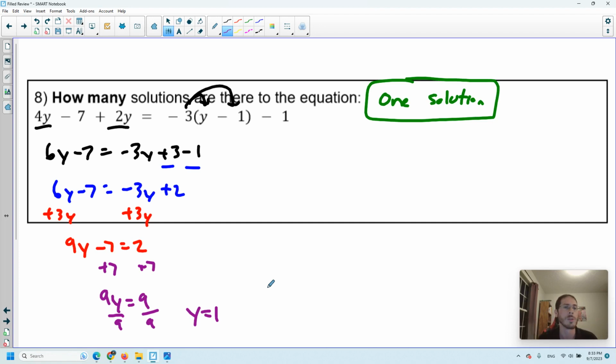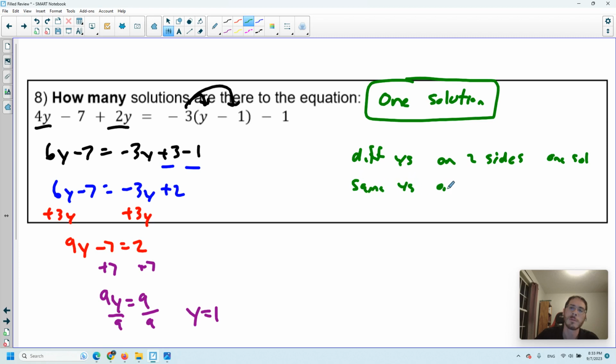There's just one solution. Again, just for reference, we had different y's on two sides, and that gave us one solution. If we have same y's on two sides, things get a little bit complicated because then you have to go to the numbers.